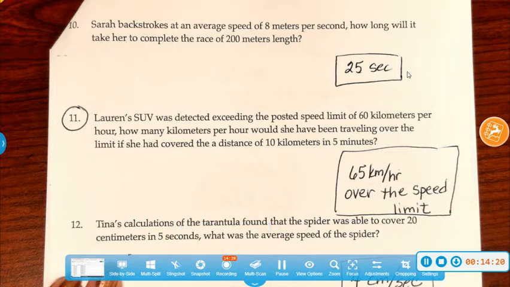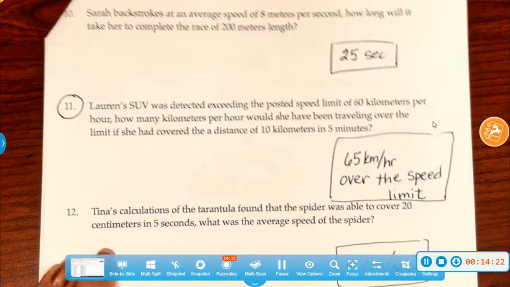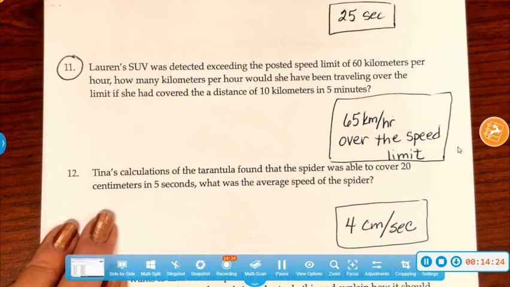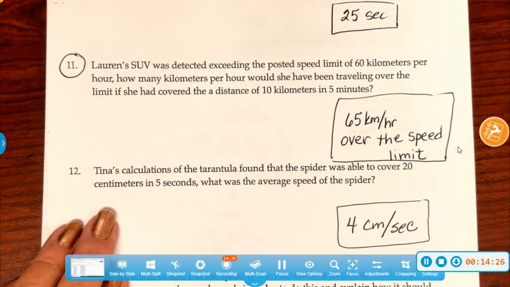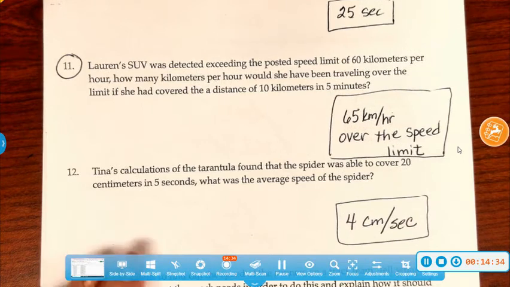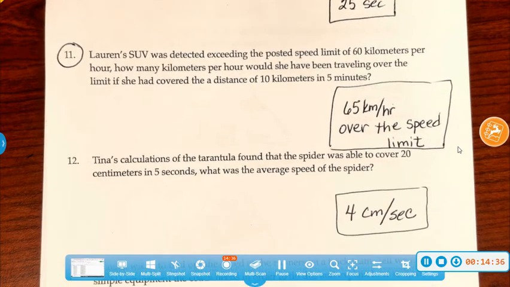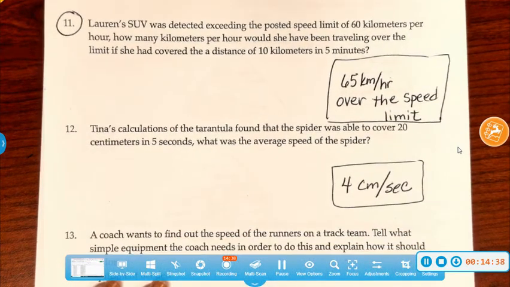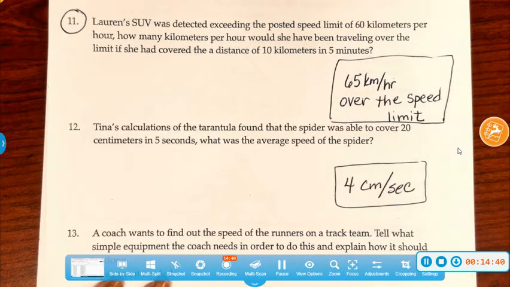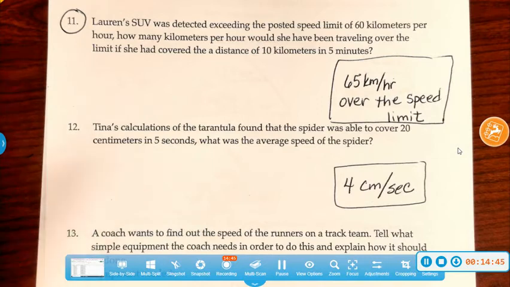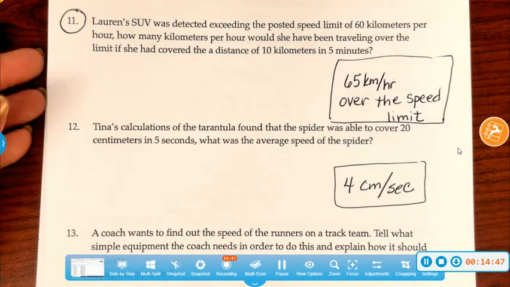Number 10 should be 25 seconds. Number 11, if you read the question carefully, you had to figure out how much over the speed limit she was actually going. Your answer would be 65 kilometers per hour over the limit. And number 12 is 4 centimeters per second. If you didn't get done yet, I'll keep this answer key up here so you can look back at it.